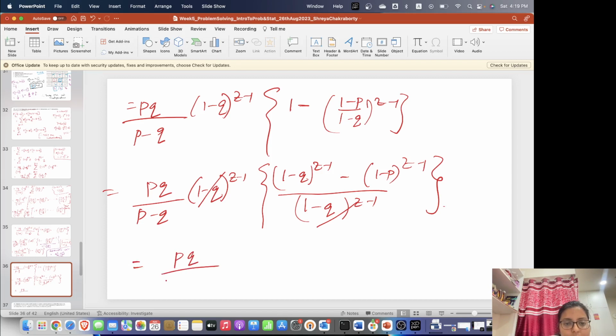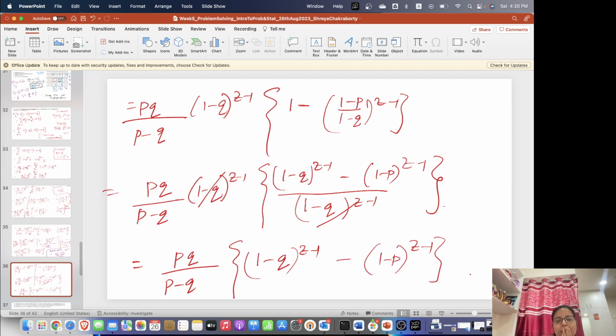So we'll have pq by p minus q into 1 minus q to the power z minus 1 minus 1 minus p to the power z minus 1. Is that okay? Alright, so now we'll move on to the next problem.